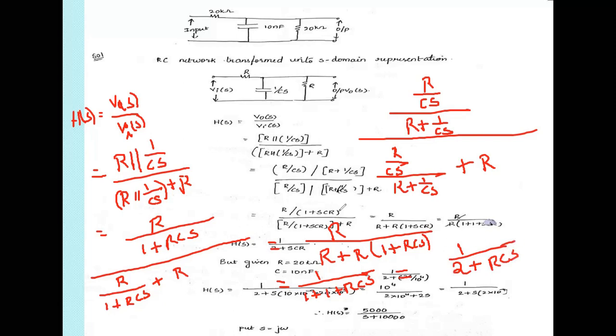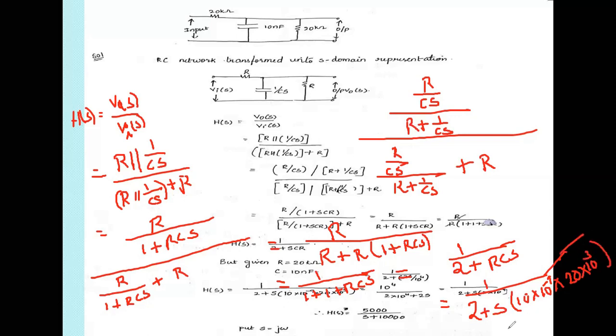RCS. Here the R is given as 20 kilo ohms as in the input side, and C is the 10 nanofarads. You can substitute 1 by 2 plus S into 10 into 10 power of minus 9 because it's a nano, multiplied with R as 20 kilo ohms. 20 into kilo is a 10 power 3.